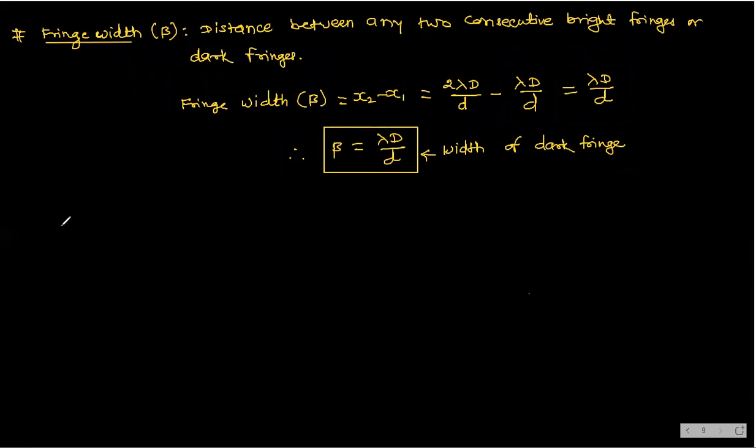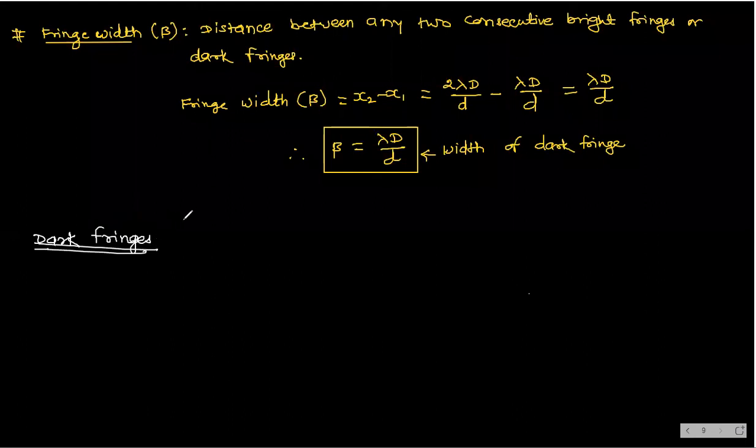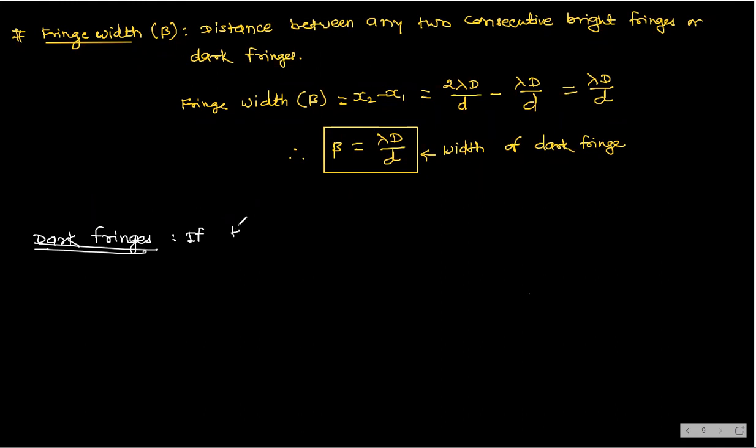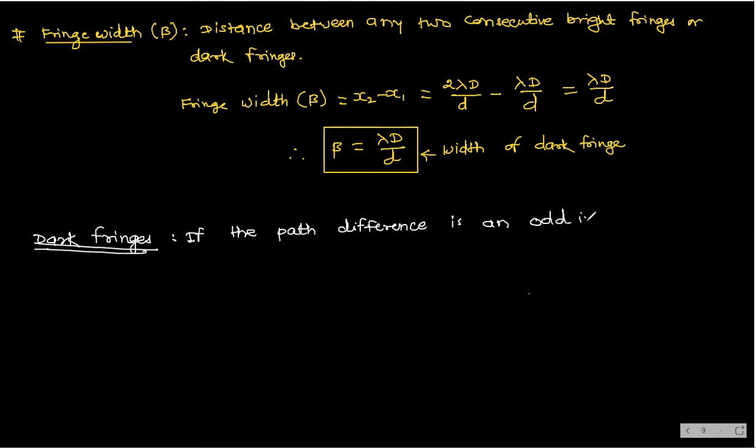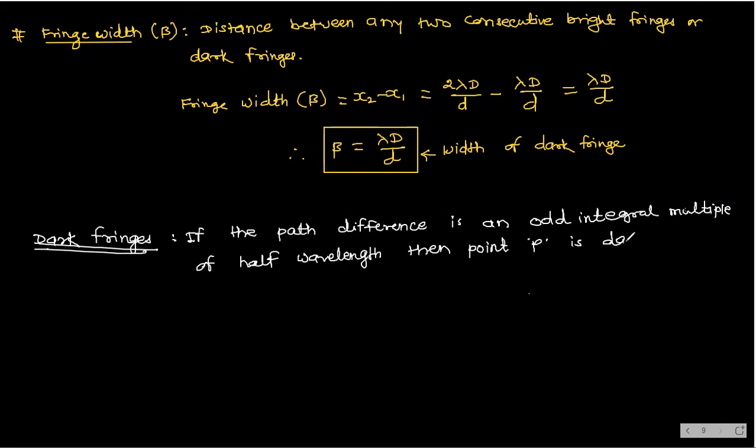Dark fringes: if the path difference is an odd integral multiple of half wavelength, then point P is dark.